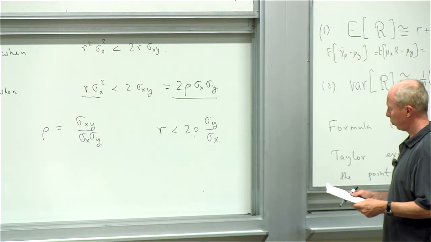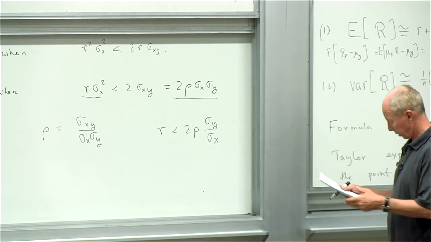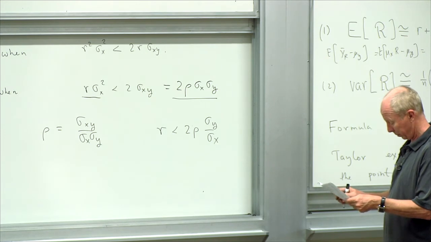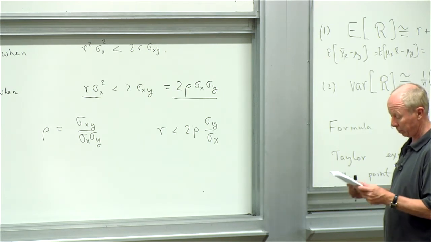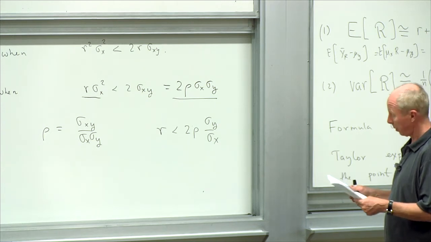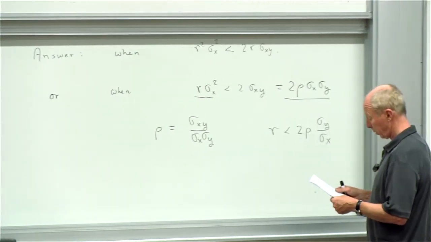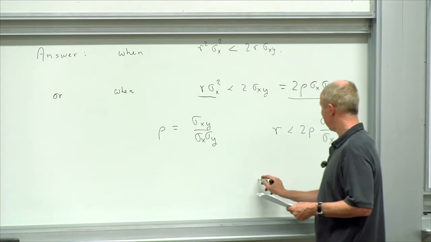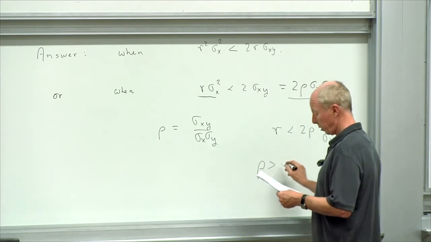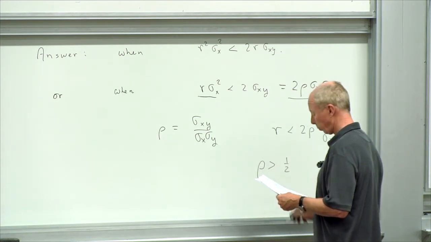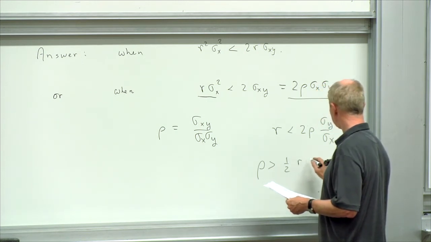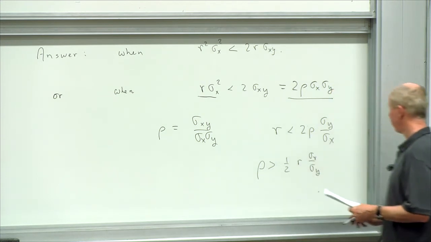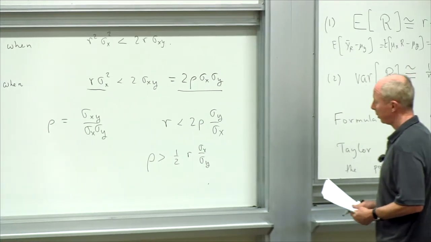And I could leave it like that, but I'm not going to. I'm going to rewrite it as rho is bigger than 1/2 R sigma x over sigma y, right?